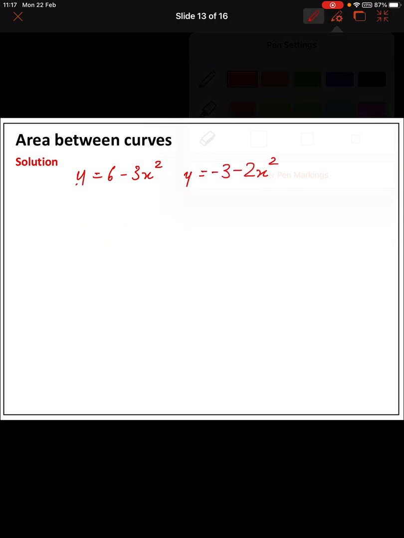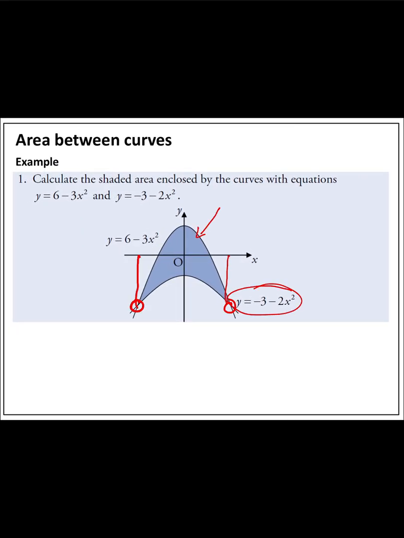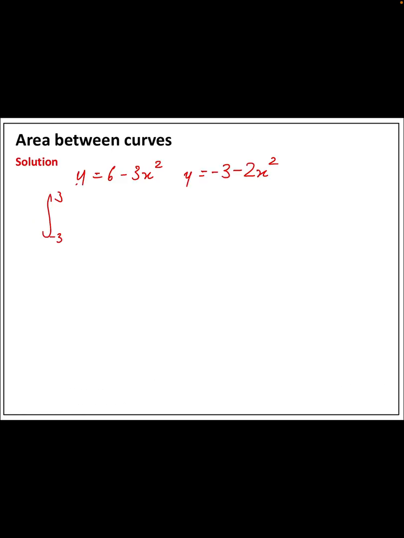Okay, now my integral between minus 3 and 3, that's what we've just found, is the upper function, which, as you can see from the diagram, let's go back, was 6 minus 3x squared, and then you will take away the second one from it. So let's have a look at what that looks like.